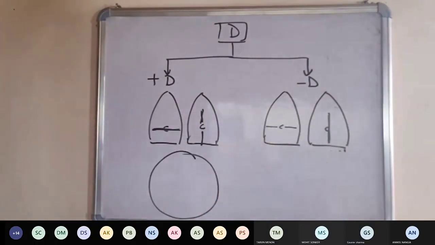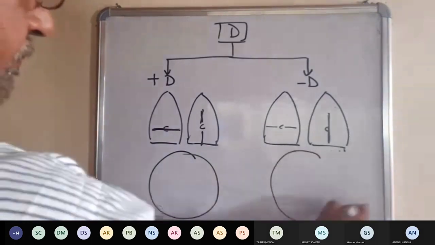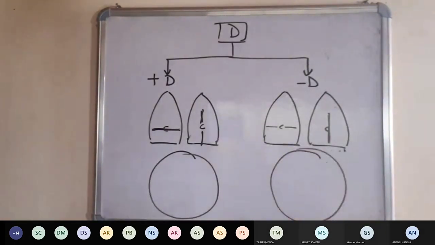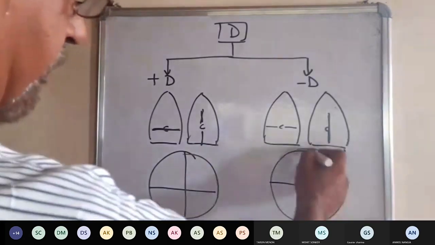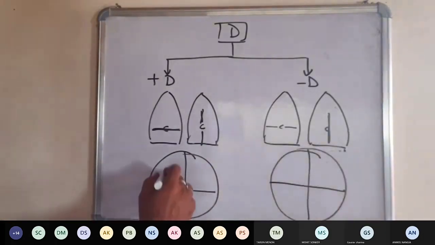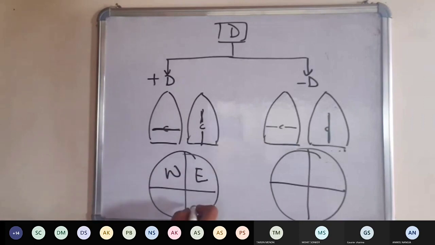This will create what kind of deviation? Is it continuous, static, semicircular? What kind of deviation is it going to cause? Quadrantal. That means it will be in 4 quarters, 4 types of deviation: westerly, easterly, westerly, easterly.